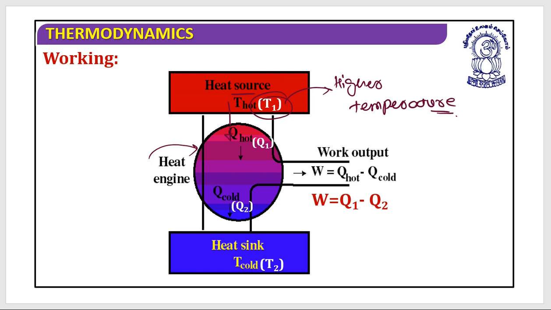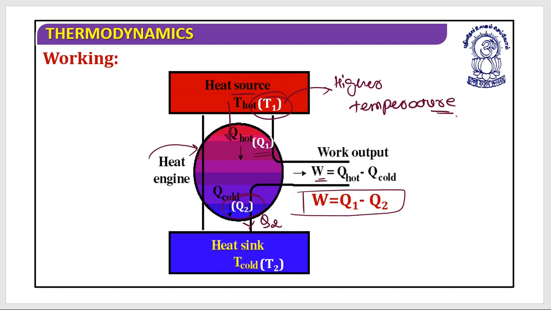From the heat source to this, a certain amount of energy is passed on, which we call Q1. Now from that, a Q2 amount of energy is passed to the heat sink, while a certain work done would be available, and that work done would be equal to Q1 minus Q2.